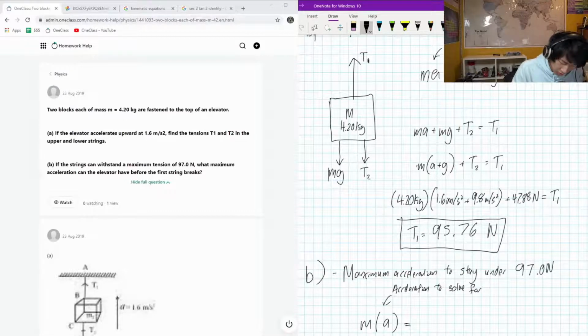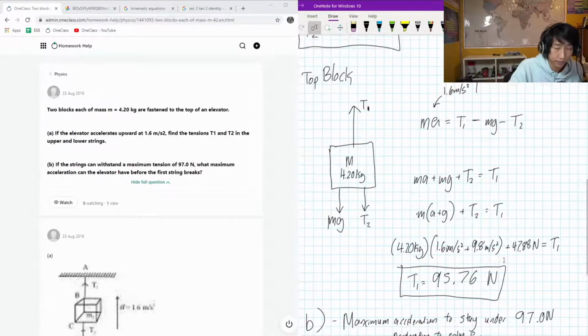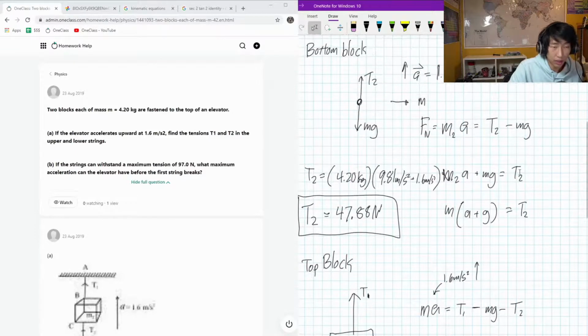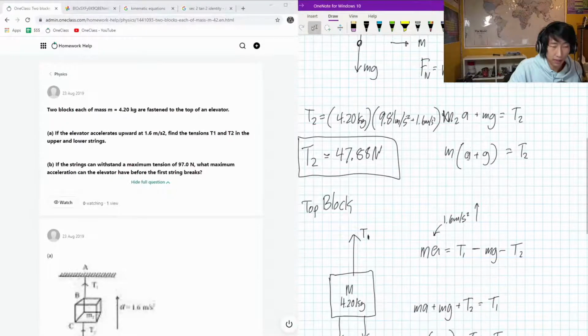It's going to be equal to the tension in one minus mass times gravity minus tension 2, and we know that tension 2 is pulling, from its original equation, mass times acceleration that we're trying to solve for, times gravity.